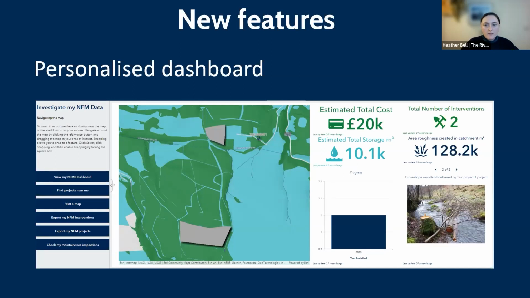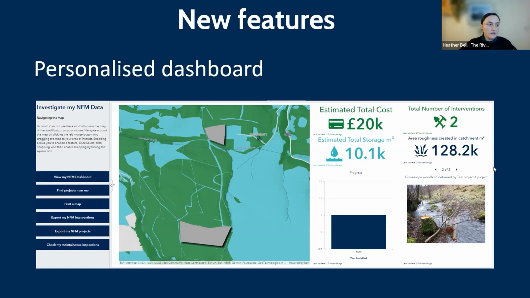When the user logs in, another new feature which we didn't have in the old tool, and which we're hoping people will find really useful, so again, just give us your feedback, is a personalised dashboard. Each user, when they log in, is going to see their own personalised dashboard. Here you can see that this is my test account for the Rivers Trust, but it shows that we've installed £20,000 worth of interventions, and there are 2 interventions in the landscape.